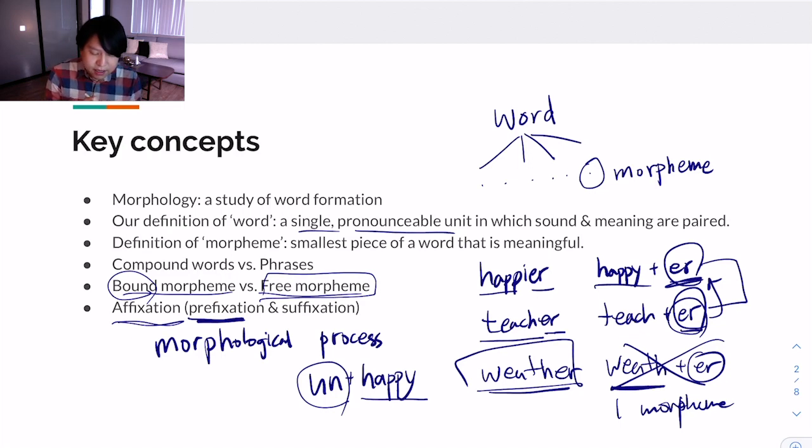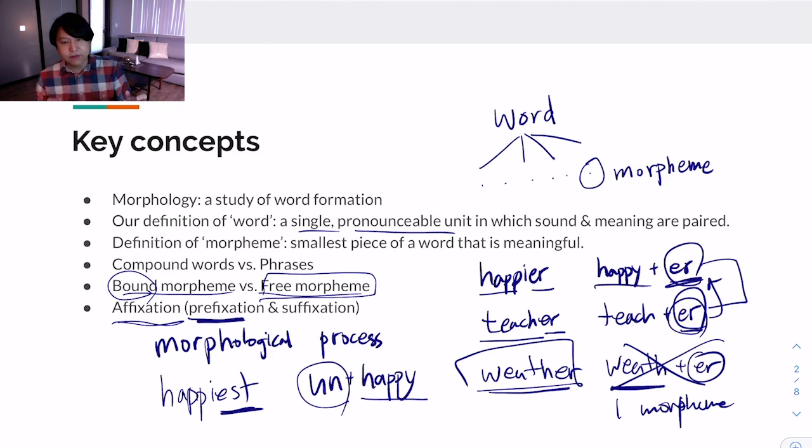When you say happiest, there's a suffix "-est" attached to the stem morpheme happy and forms the superlative form of the adjective happy. So the happiest is a result of a suffixation, with the stem morpheme happy and the suffix morpheme "-est".